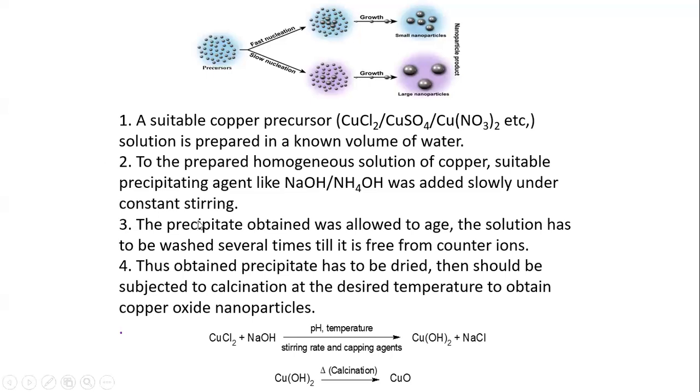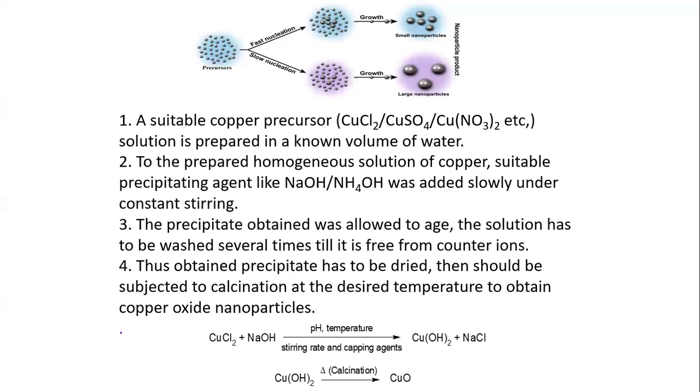The precipitate obtained is allowed to age. Aging is like a curing process, so that it will grow into the size of nanomaterial. By controlling the temperature, pH, and solution concentration, we can control the growth of the nuclei to the nano size.